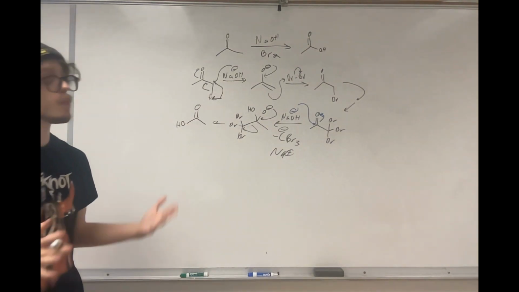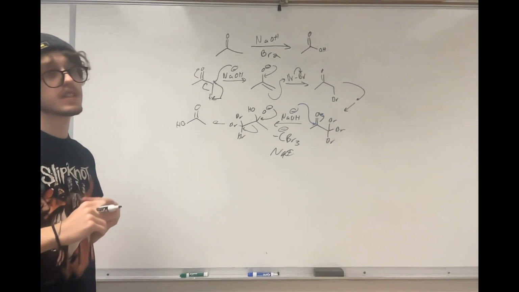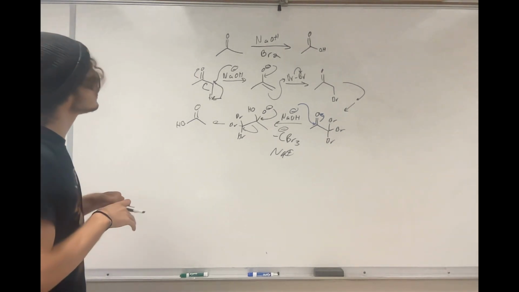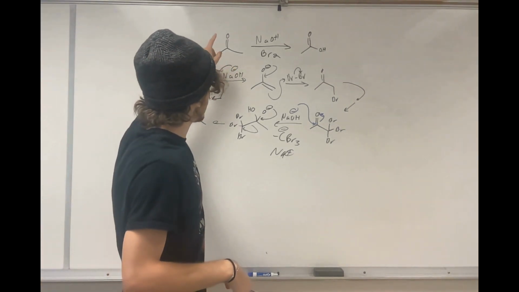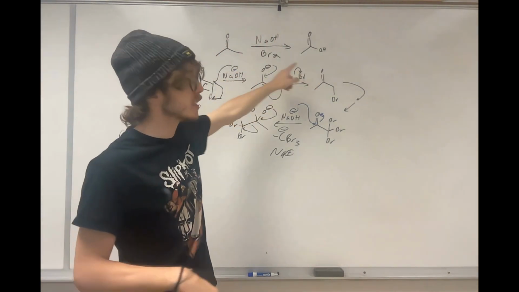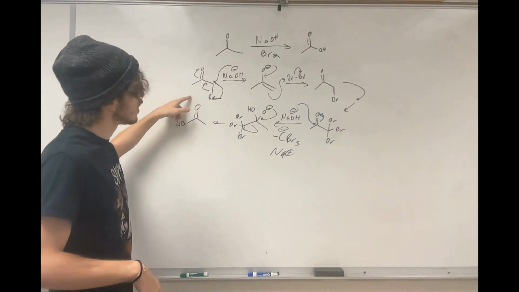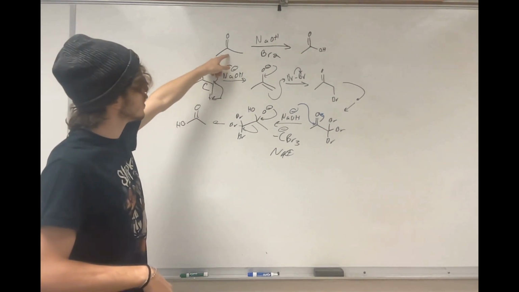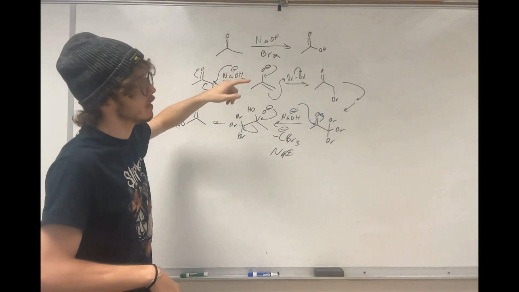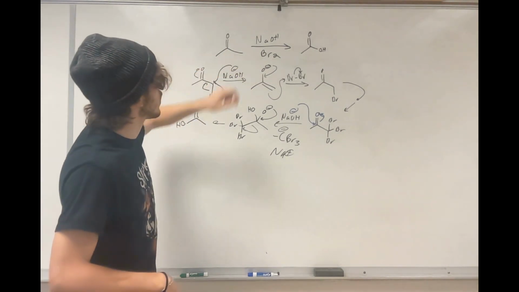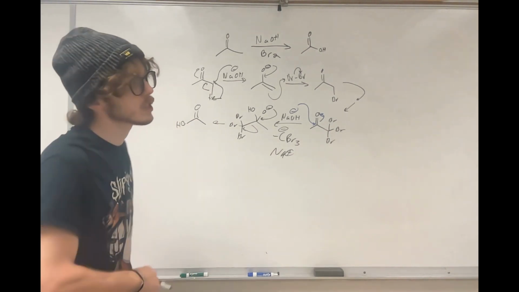I'm going to go through this one more time before we move on to the HVZ, and then we'll do a couple example problems. But notice, we're going to use a ketone, and we're going to get a carboxylic acid. This is because, and the ketone must be on the end here, it must be a primary carbon, or else you'll just get polybromination and you won't get anything else.